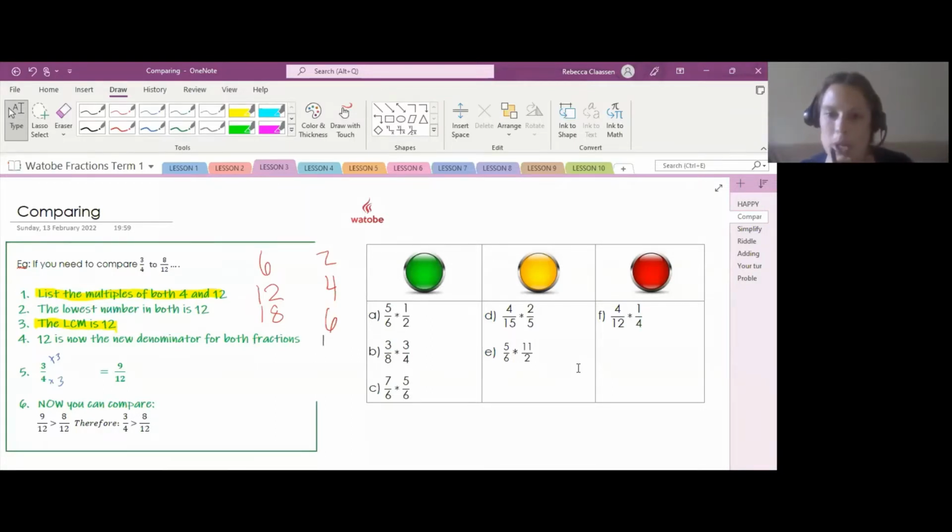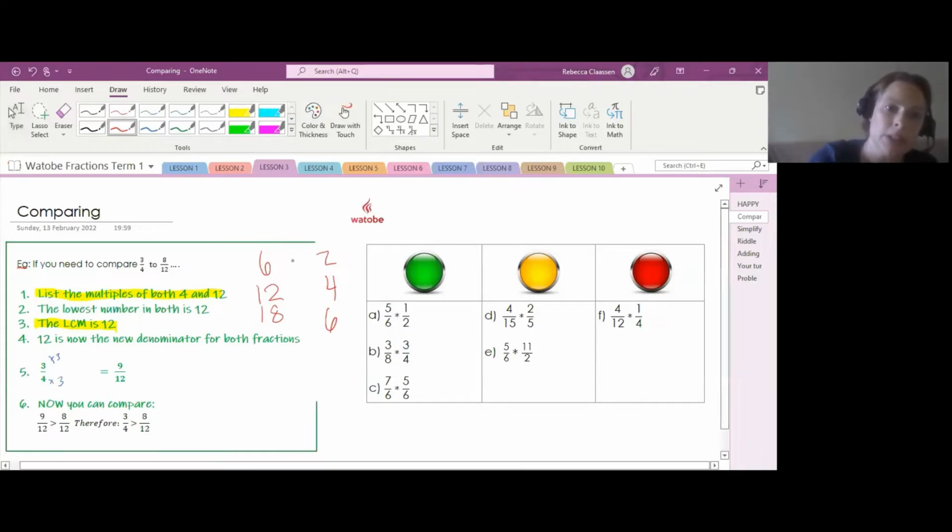Okay, so let's see. Anati, what is my smallest number that's in both of my lists? Which number's in both of my lists of multiples? 6. It is 6. So 6 is my lowest common multiple, and that's going to become my new denominator.